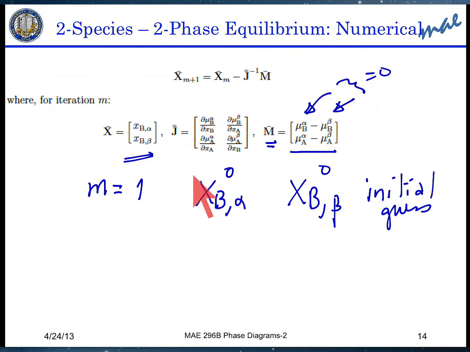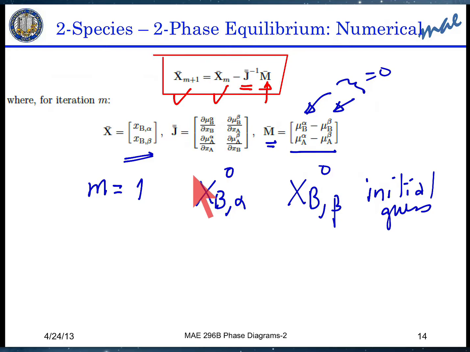The better estimate is obtained by using an iterative Newton method like this, where x_(m+1) is equal to x_m minus the inverse of the Jacobian matrix times this vector m. Vector m is the residual vector, and if it is 0 or close to 0, then we're done. If it is not, then we have to keep iterating. So the Jacobian is the derivative of mu with respect to x sub B and mu with respect to x sub A in the two phases.